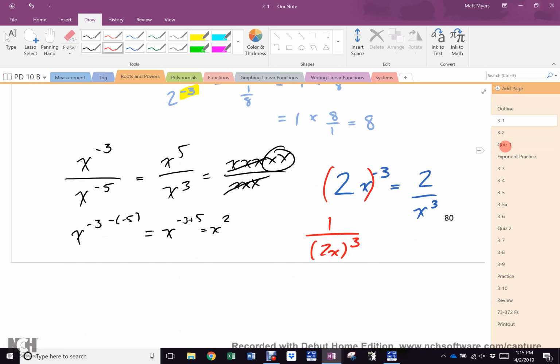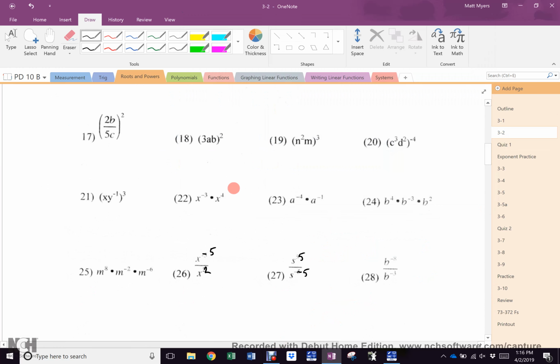Now, there's some bad photocopying on those. Can everybody read 25? 8, negative 2, negative 6. Any other questions from that page? Look at it. Make sure you can read the photocopying.